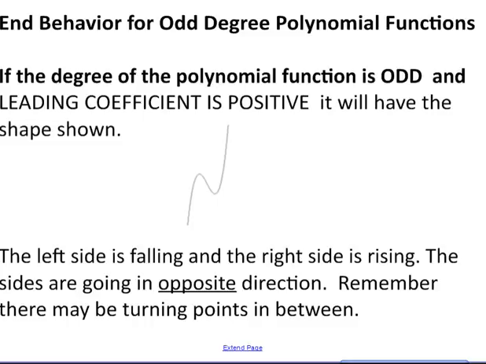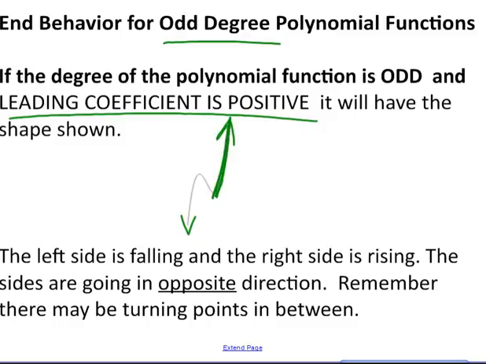Now, if it's an odd degree, it does something different. End behavior, one arm is going to go up, one arm is going to go down. What we look at is the leading coefficient. If it's positive, then the right side will go up. Positive leading coefficient, the right side will go up.